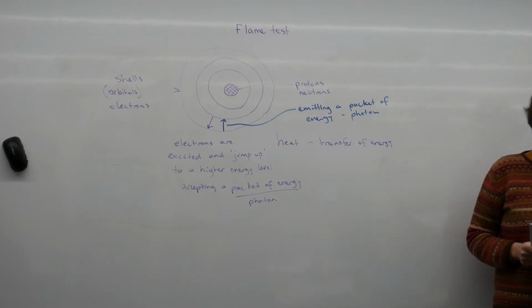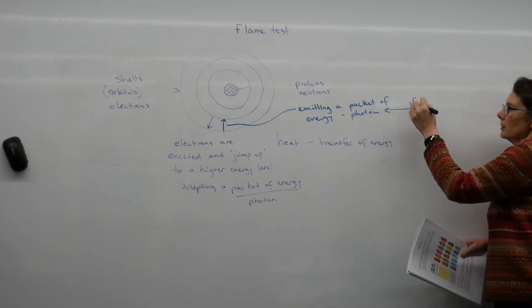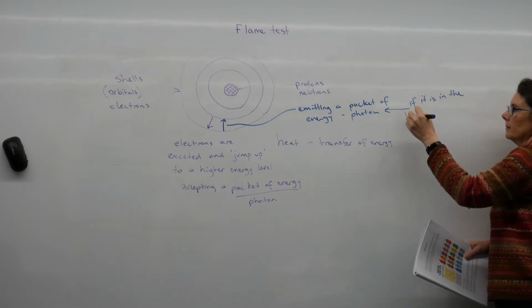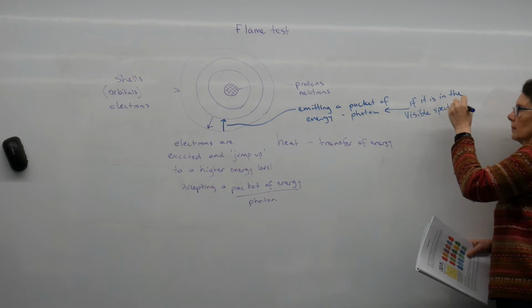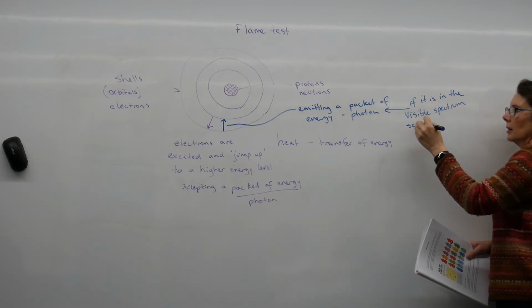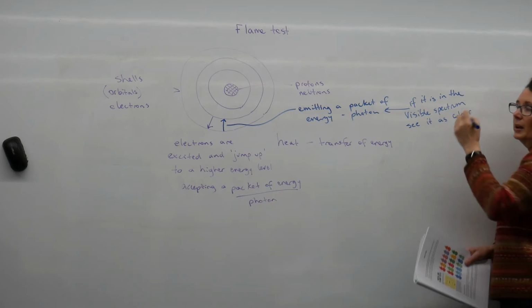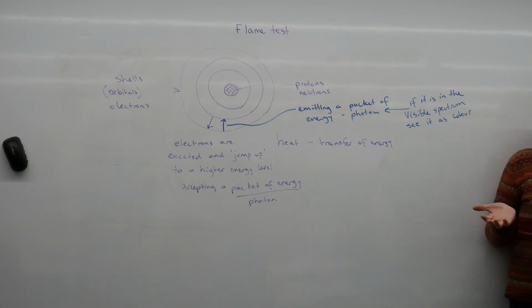And for some elements, this is in the visible spectrum. We can see it as colour, depending on the wavelength of that photon, that packet of energy.